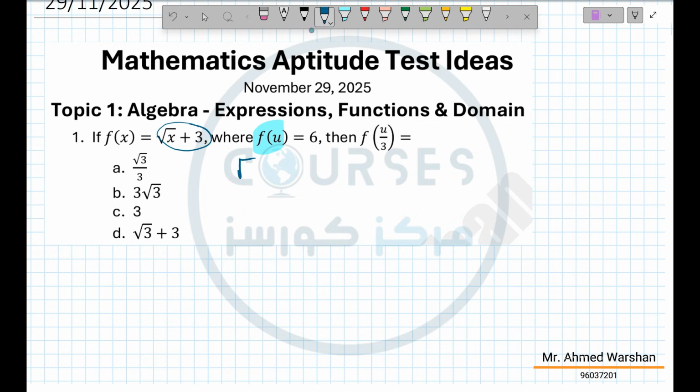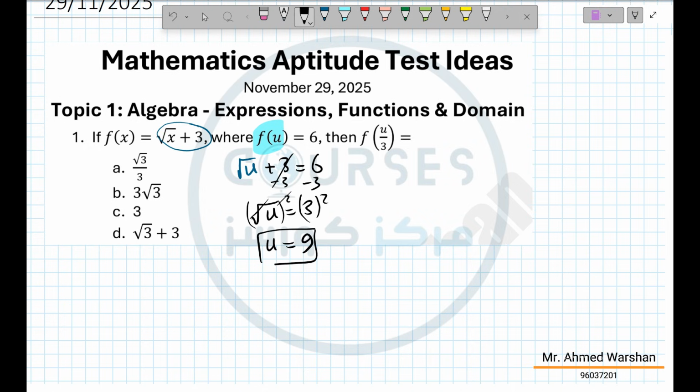So this is going to be square root of u plus 3 equals 6. Okay, we can find that out. Minus 3, square root of u equals 3. Power 2, power 2 cancels the square root. So u equals 9. Okay, we got u equals 9.